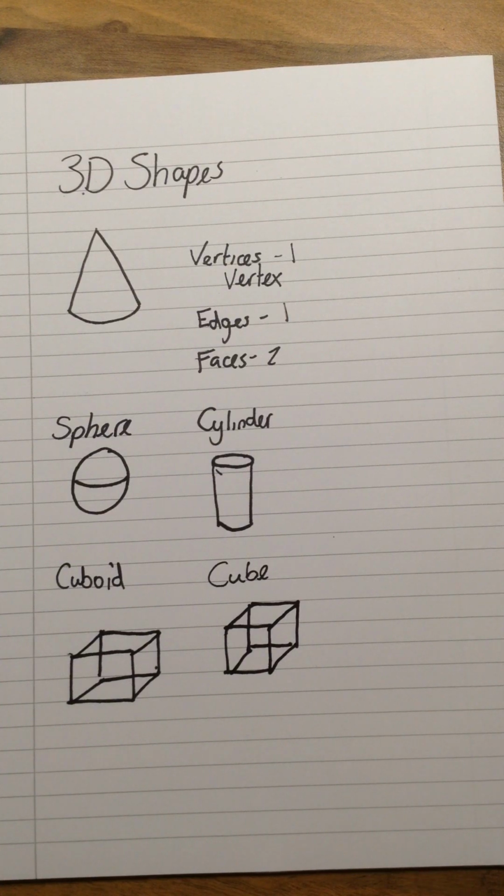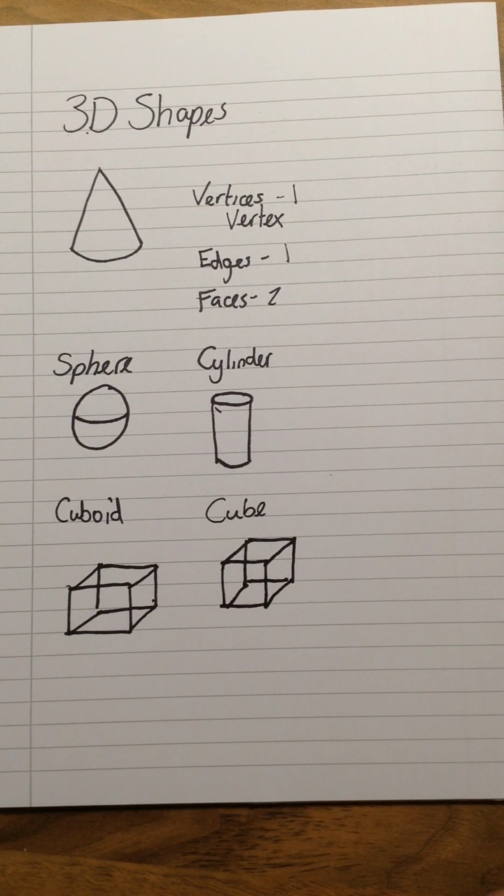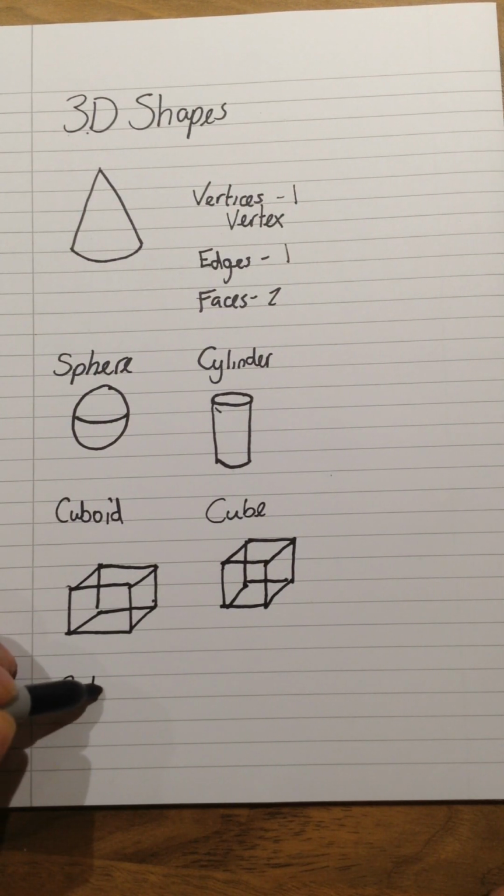So your first task is for you to have a little look and see if you can come up with these. The only other shape that I want you to do, which I'm not going to draw here because I'm going to get you to research this, is I would like you to look for the 2 types of pyramid.